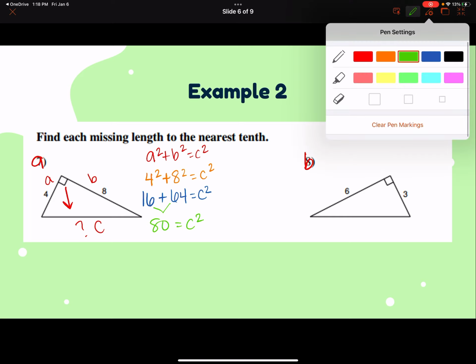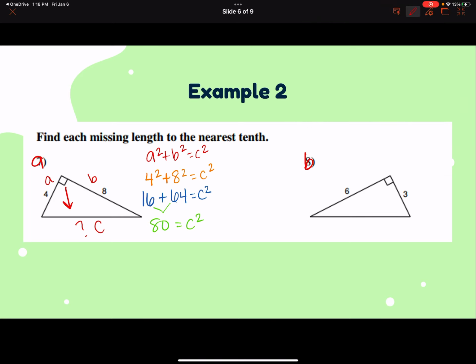So what I just did was I solved for c squared, but I don't want c squared, I want c. So I'm going to take the square root of both sides. And that's going to give me c on the right side, and the square root of 80 using my calculator is going to give me about 8.9.